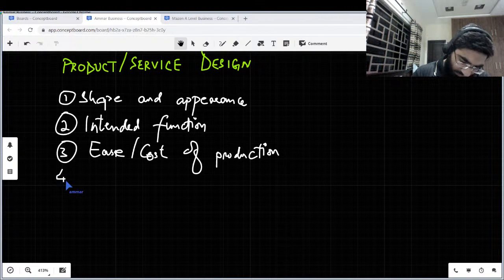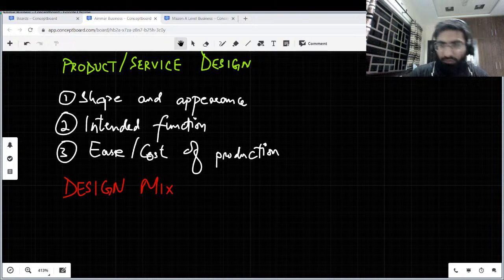So next thing that we have is design mix. Design mix comprises decisions around design on three fronts. One is function, one is cost, and third is aesthetics.